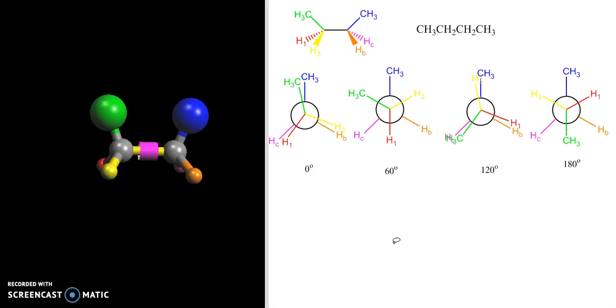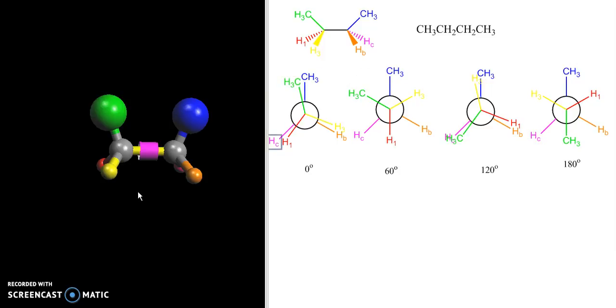Doesn't look qualitatively very different, but it actually is different because there's a difference between having CH3s near one another and having a hydrogen near a CH3. CH3 takes up more space, hydrogen takes up less space, so it's going to be higher in energy when my CH3s come close together.